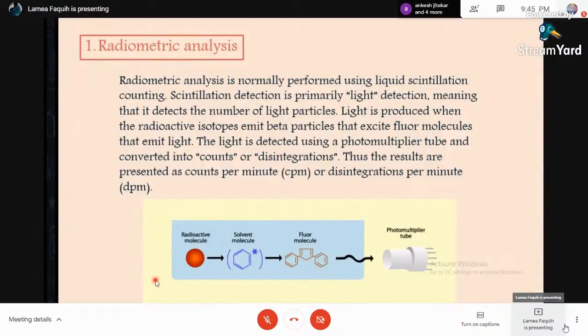Now, this emitted light is detected using a photomultiplier tube, which multiplies and intensifies it, and it is then converted into counts or disintegrations. We can unify them in CPM, that is counts per minute, or DPM, that is disintegrations per minute.